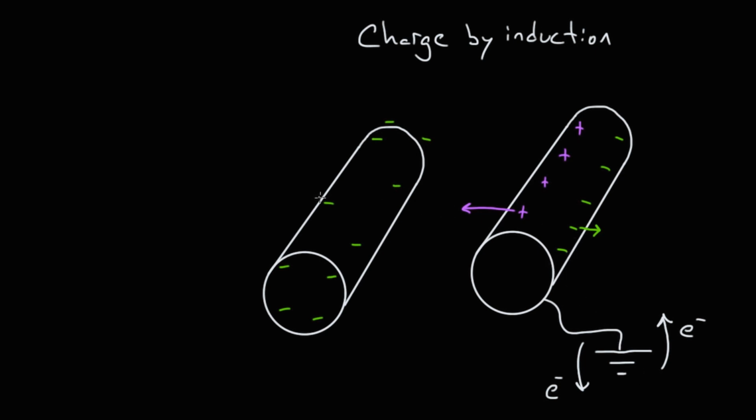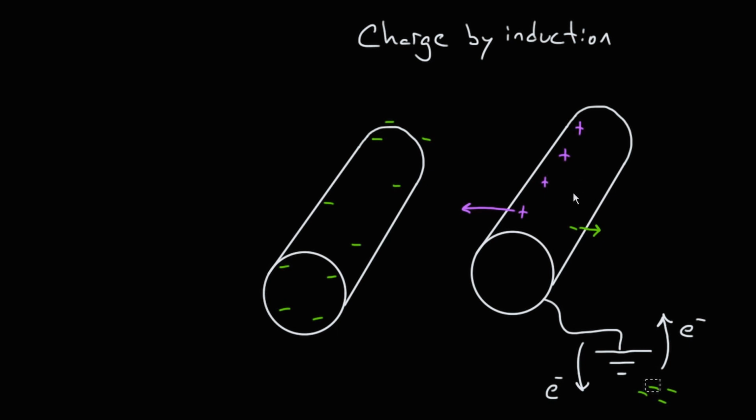Now what would happen if I bring this negative rod close to this rod that originally had no net charge? Now, instead of just going to the other side of this, the negatives say, hey, I could just leave. I'm going to get the heck out of here. A whole bunch of negatives will start leaving. And what happens is that your rod is no longer uncharged. It has a net amount of charge now.